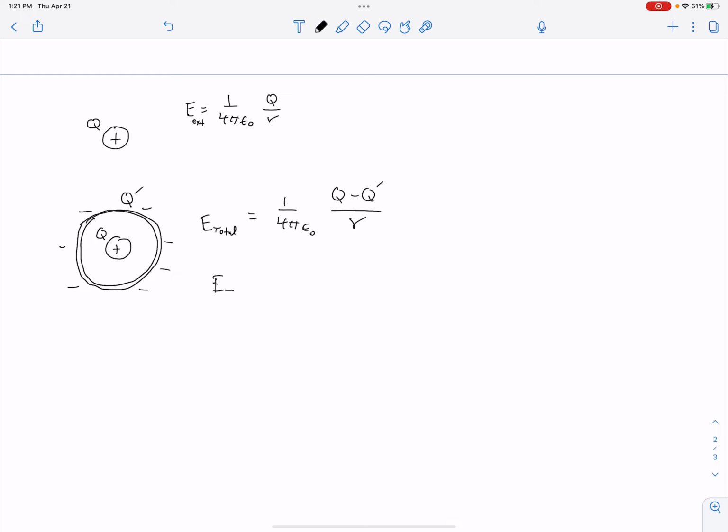E total is less than E external, because the screening charge reduces the effective charge that you see far away. So that's what screening is.